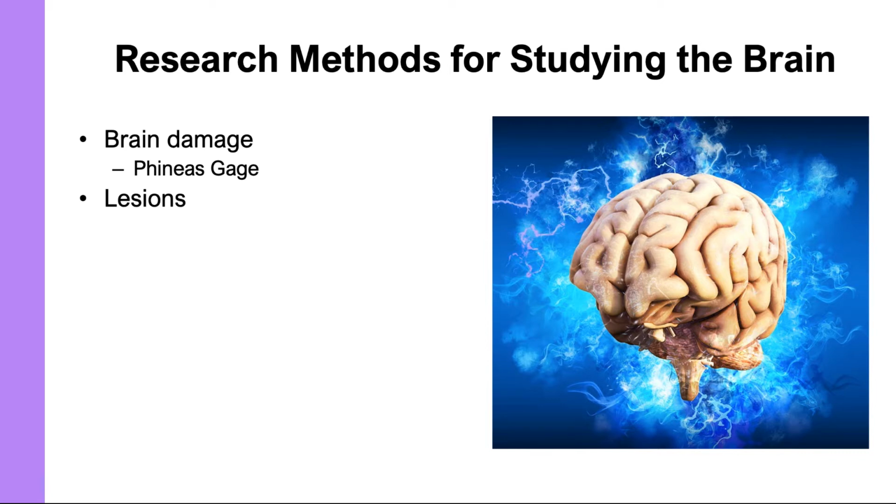Researchers were able to surmise, from his behavior before compared with his behavior after, that the part of the brain he damaged, the frontal cortex, is crucially important in personality. Unfortunately, he's the poster boy for head trauma and how it causes personality change, but he did teach us quite a bit about how the brain is related to personality.